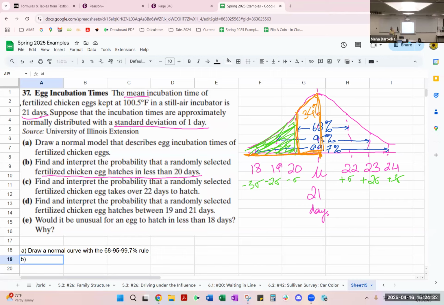So you'll do 34 subtracted from 50, which will end up giving you 16%. Now, there are many different ways you can do the math, but I think that's going to be the easiest way of looking at it. So you do 50% minus 34%, which will give you 16%.